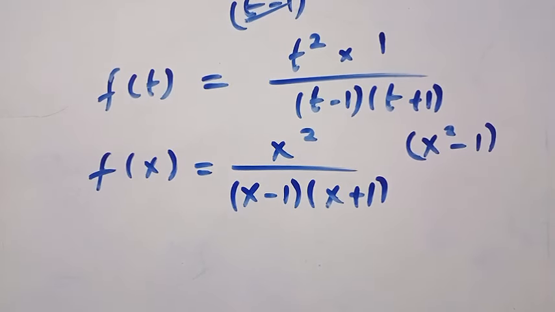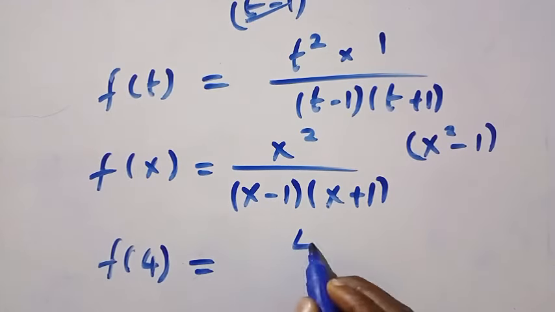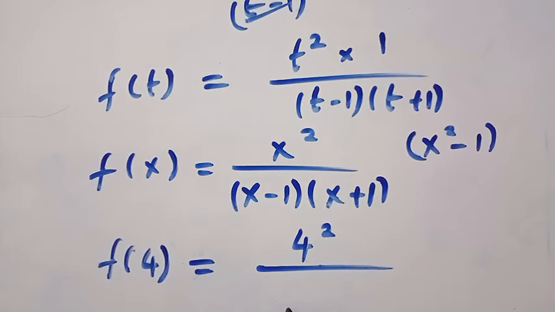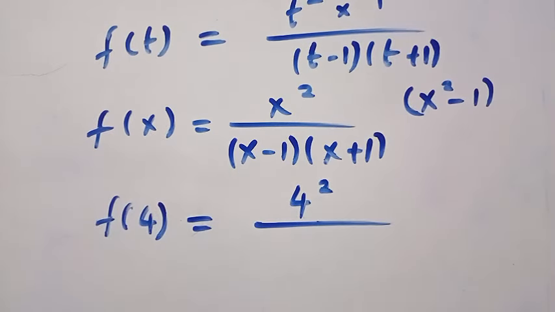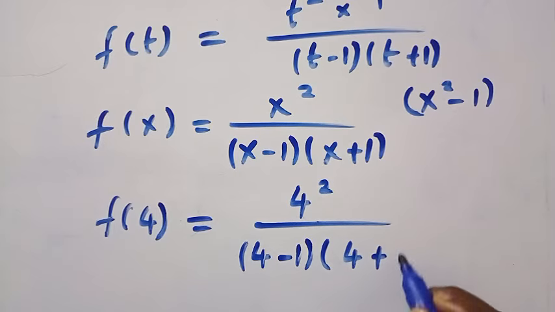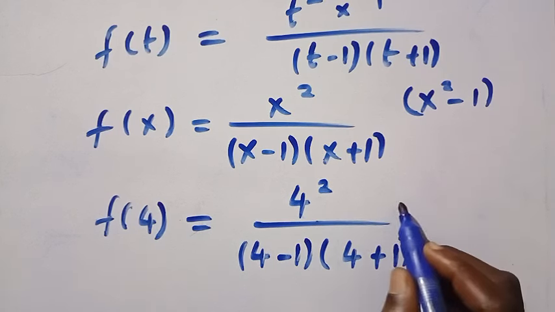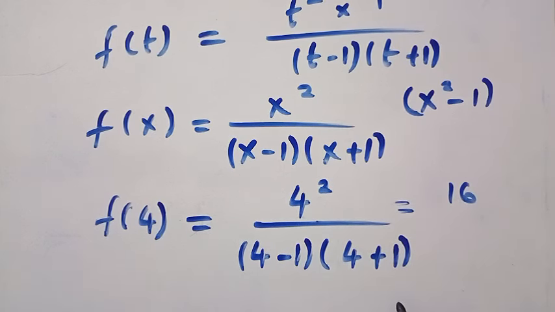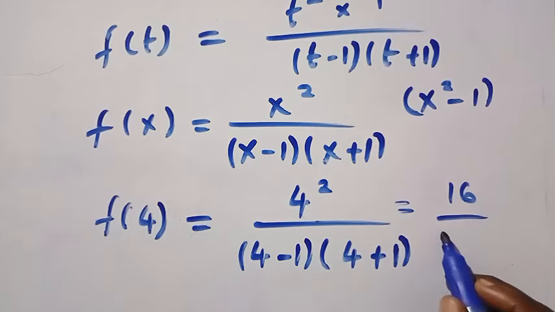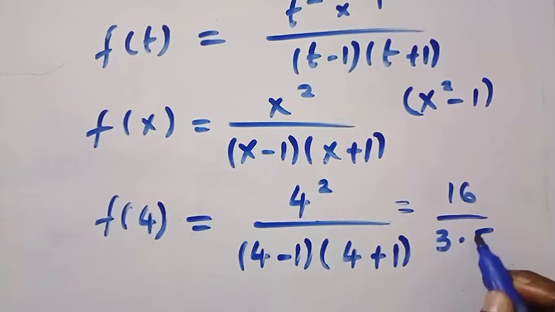So we have f of 4 equals 4 squared divided by 4 minus 1 multiplied by 4 plus 1. 4 squared means multiplying 4 two times, and we have 16 divided by 4 minus 1, that is 3, multiplied by 4 plus 1, that is 5.